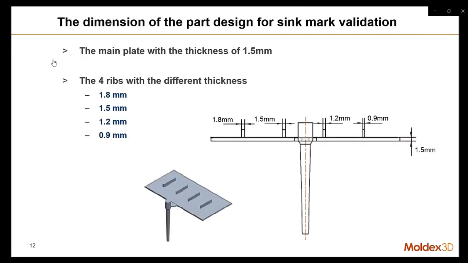Here is the dimension of this tooling design. The thickness of the main plate is 1.5 millimeter, and the 4 ribs with 1.8, 1.5, 1.2, and 0.9 millimeter, and we get the experiment to get the measurement on the thickness of them.